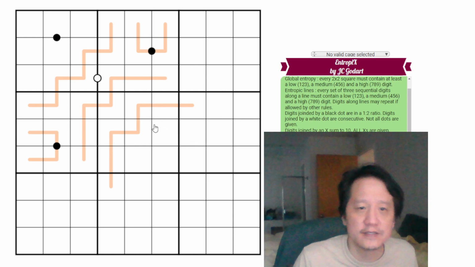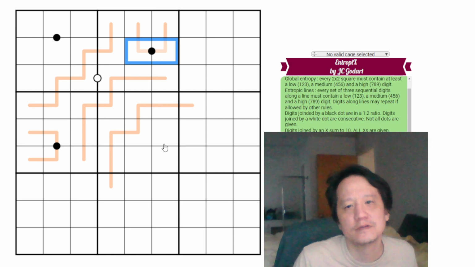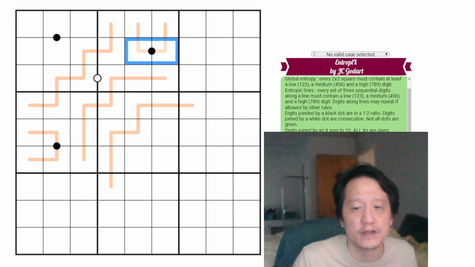Okay, now this is interesting then. So these have to be separate entropic lines. So this cannot be 1 and 2. It could be 2 and 4. It could be 3 and 6 or 4 and 8.